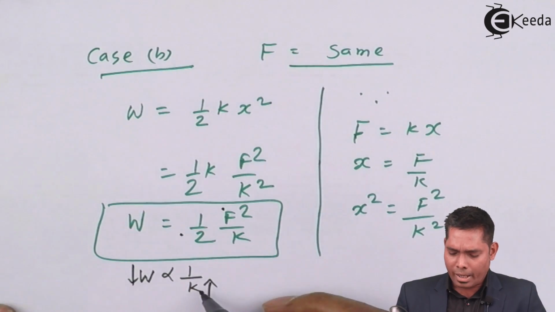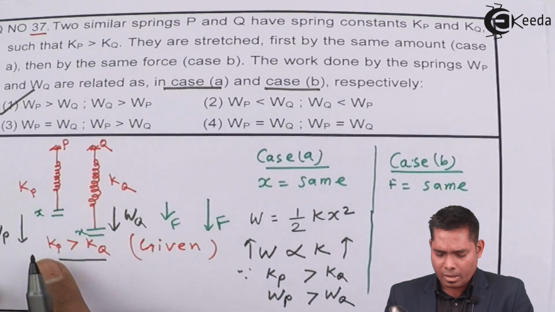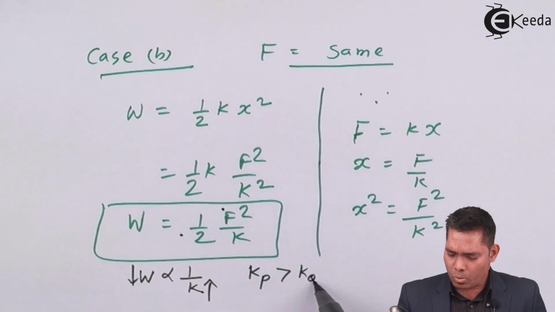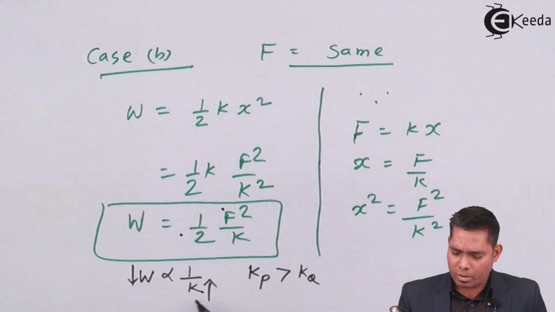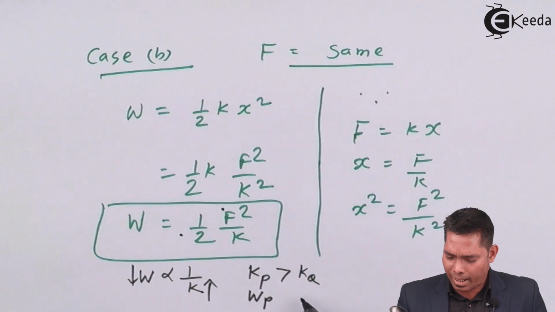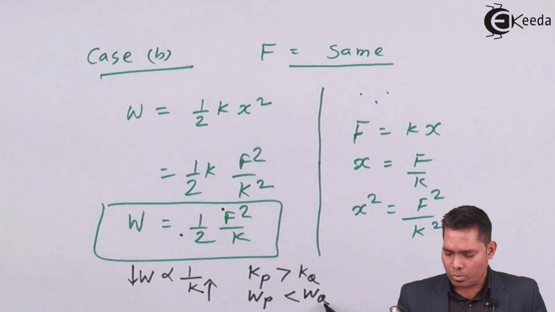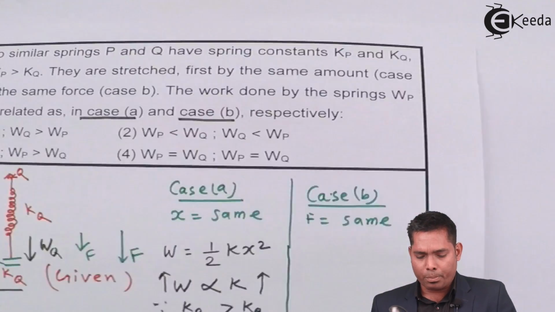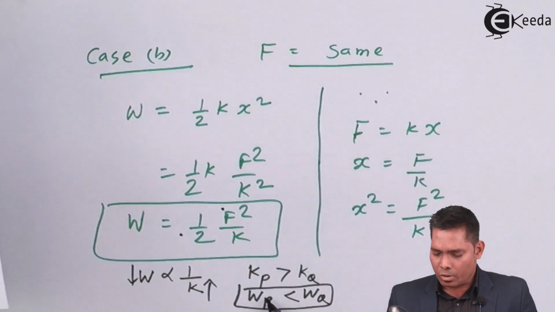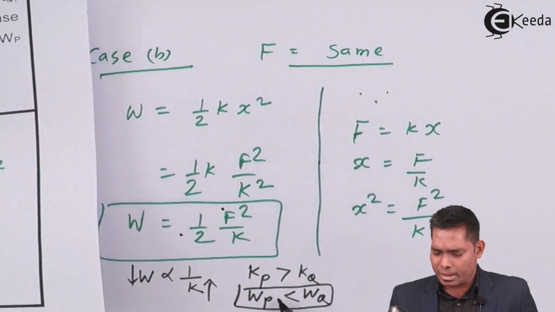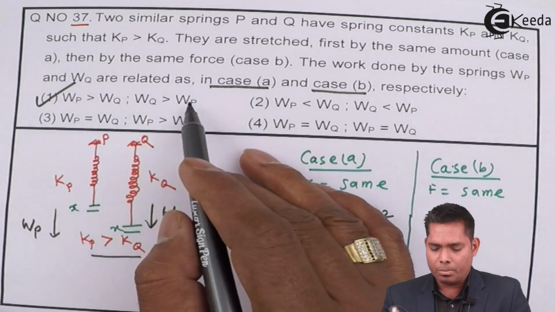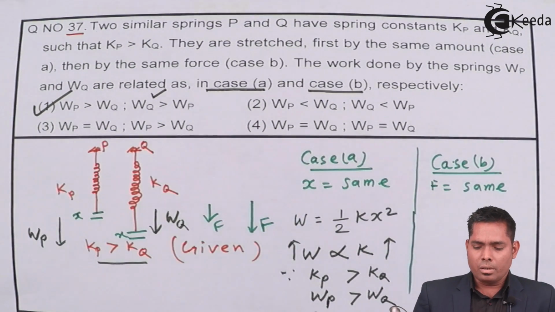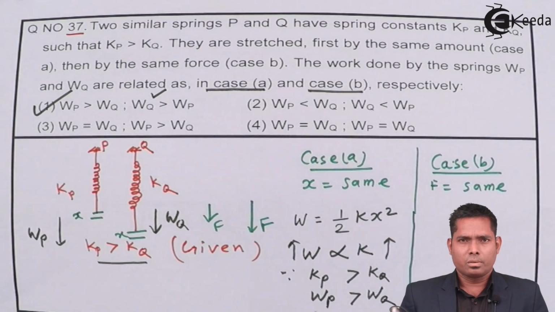It is given that Kp is greater than Kq, so because the k of P is more, the corresponding work done, that means Wp, will be less than Wq. So Wp is less than Wq, or Wq is greater than Wp. Automatically this will come. So this is the right answer to this question. Okay, thank you.